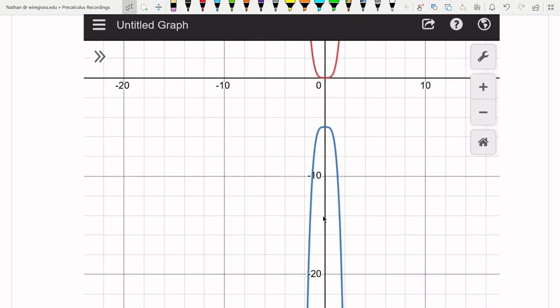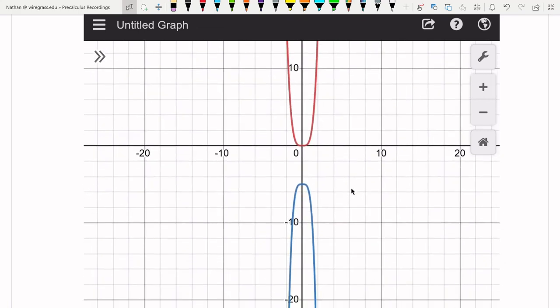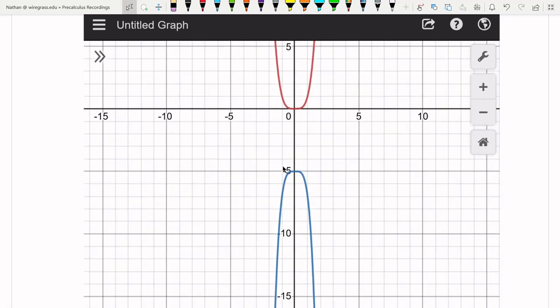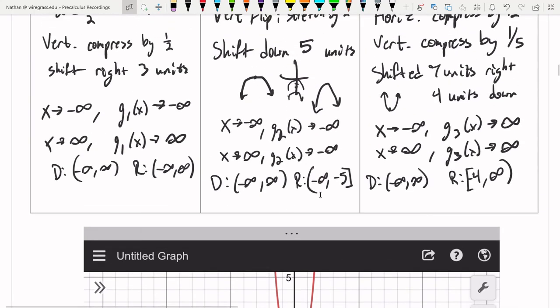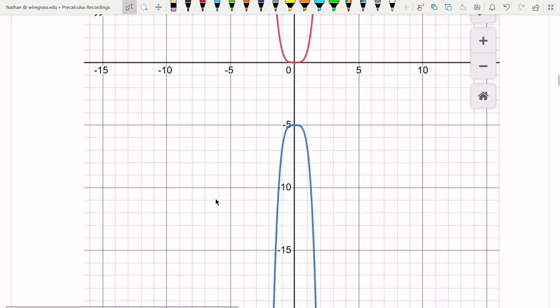So that's our resulting function. The range for this, of course, is negative 5 at the top, and it goes downward indefinitely. So that's what I have here. The behavior is down and down: down to the left and down to the right, which you can see right here.